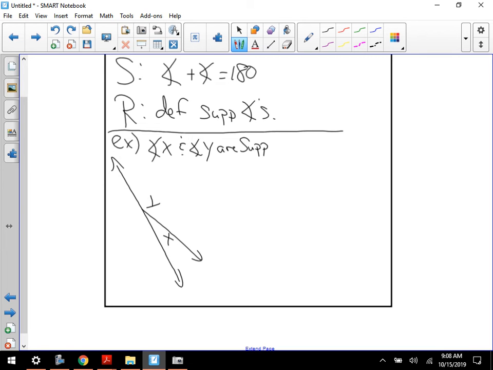Draw however you want. So that means then, if I fill that in, angle X and angle Y are supplementary.